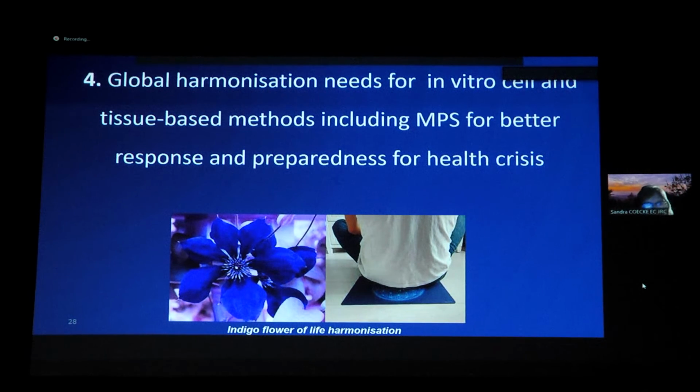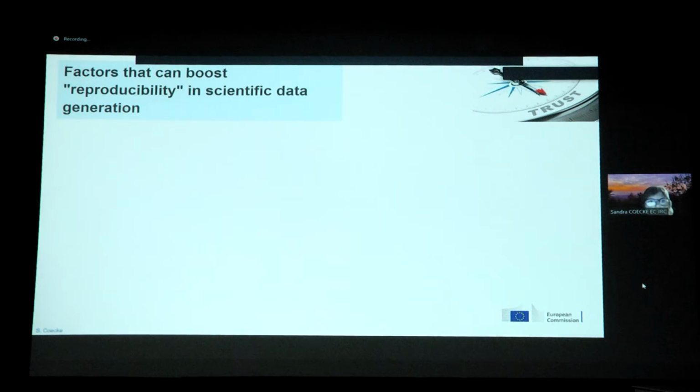So to come to this part of my talk, global harmonization is really important for these microphysiological systems to really have a better response and preparedness for the health crises that we're facing now.